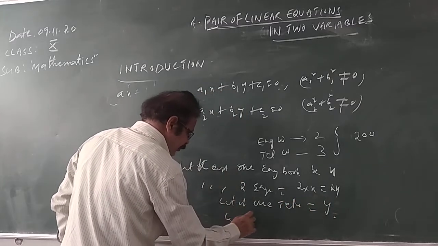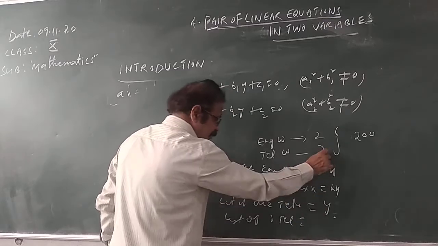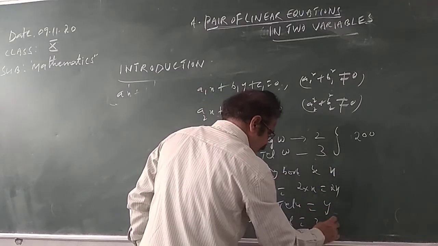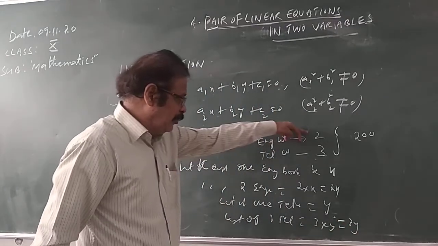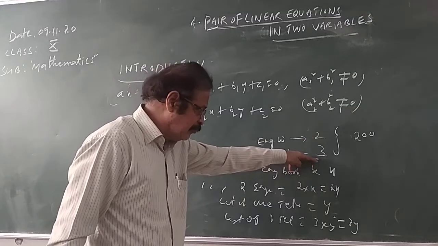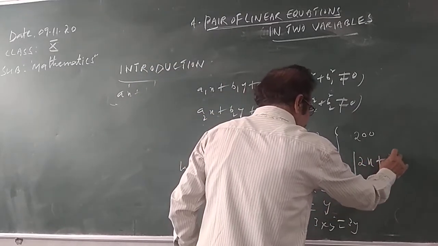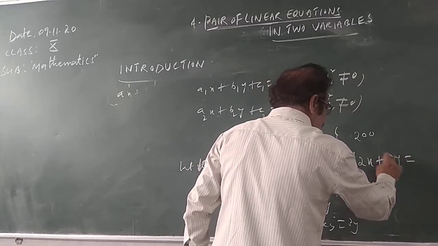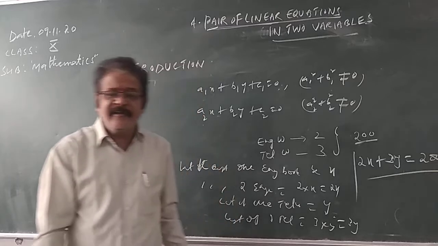How many Telugu books? 3. The cost of 3 Telugu books equals 3 into y, 3y. Both together, 2x plus 3y, is equal to how much? Total she paid 200. Like this we can formulate the equations.